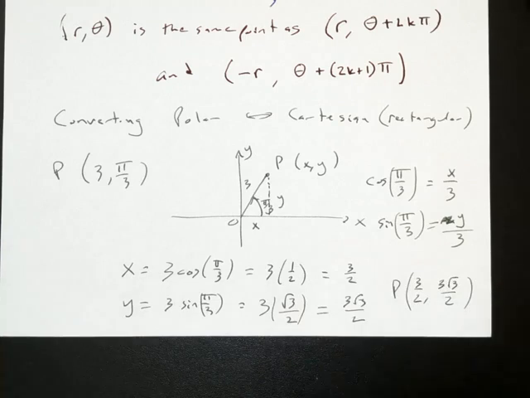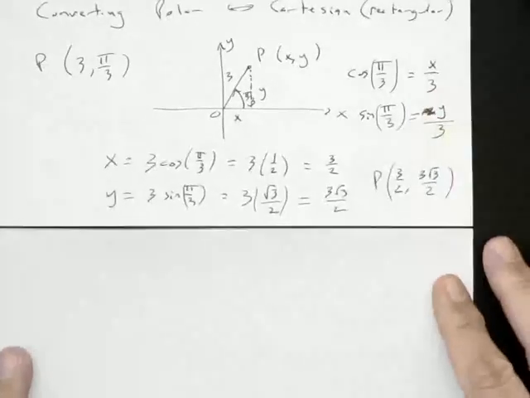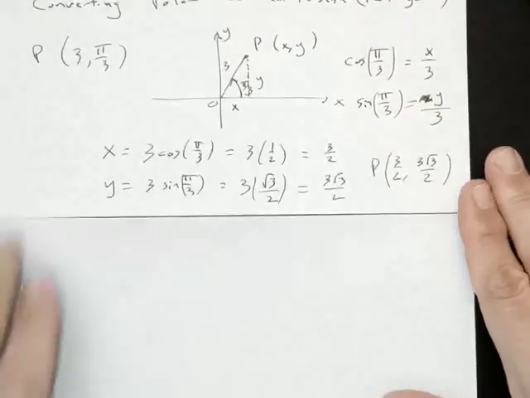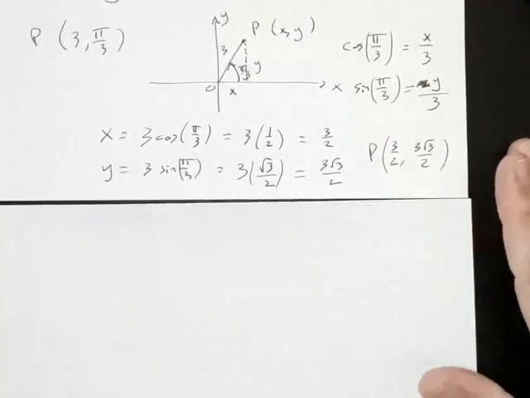Ta-da! Now, this again gives me an insight into why polar coordinates repeat every 2 pi, because cosine and sine repeat every 2 pi. So I'm going to get that repetition built in to my Cartesian coordinates.